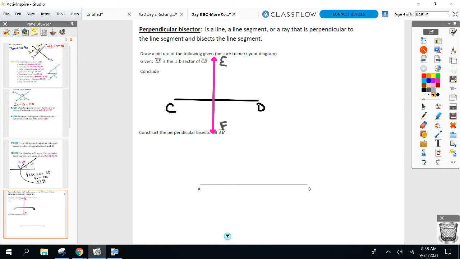We got to clean this up. What do I mean by that? You can still add some things to your diagram that says it's a perpendicular bisector. What can I add? I can add a couple things on here. Yeah? The right angle. That tells me it's what? These two are what to each other? Perpendicular.